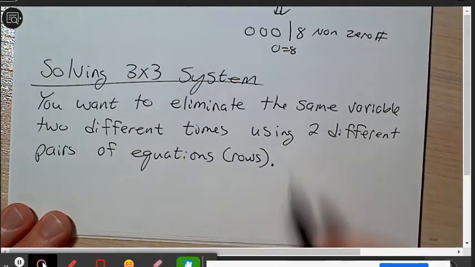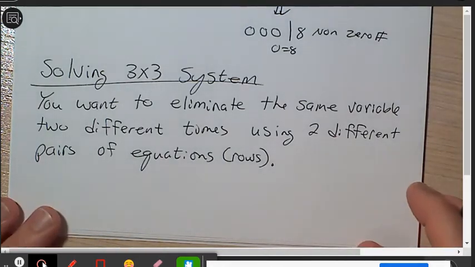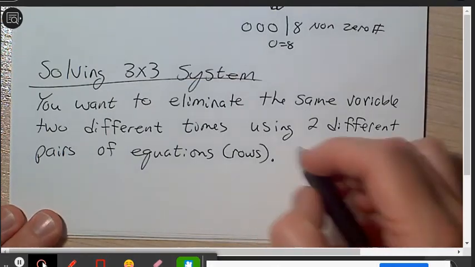Okay, now when you're doing this one, what I would key on is, when you get to a problem like this, you want to key in on a variable, if you can find one, that has an x value or a y value or a z value, because that's usually what we're going to have with the 3x3 systems.